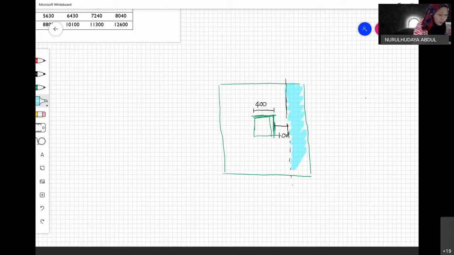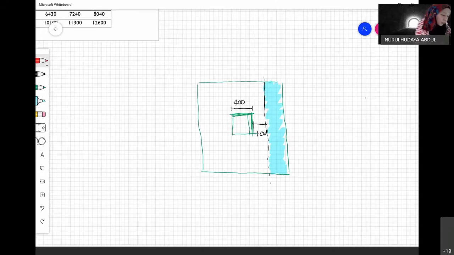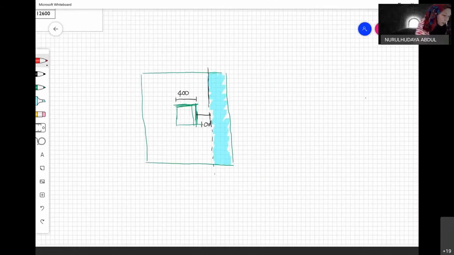So kita kena dapatkan area ni untuk darab dengan that ultimate earth pressure. We already know this one, panjang yang ni adalah 2500 sebab kita punya size foundation for example number 1 is 2.5 meter times 2.5 meter.